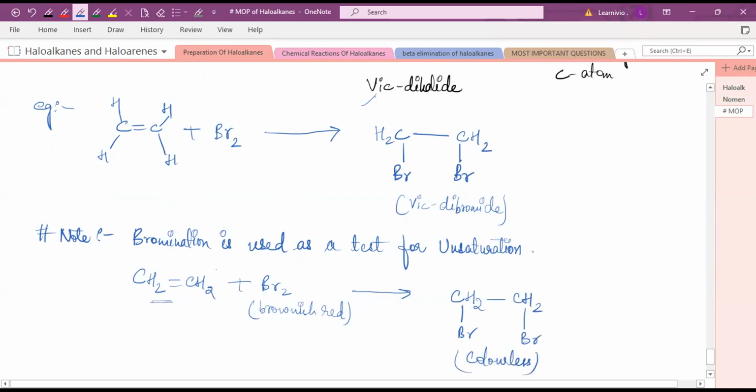When you add bromine to any unsaturated compound, you will get a colorless compound. So basically, alkene decolorizes bromine water. That's why bromination is used as a test for unsaturation.